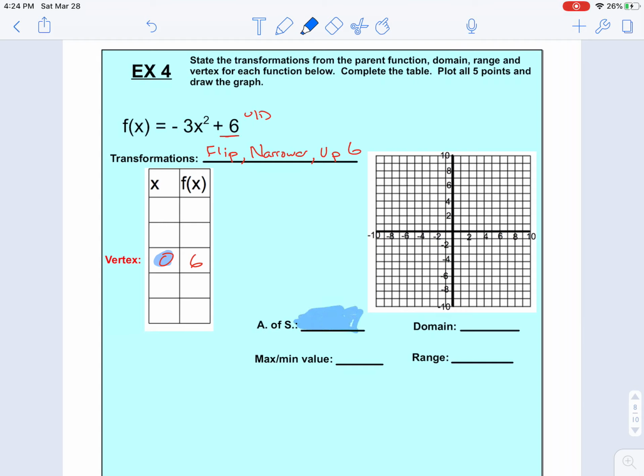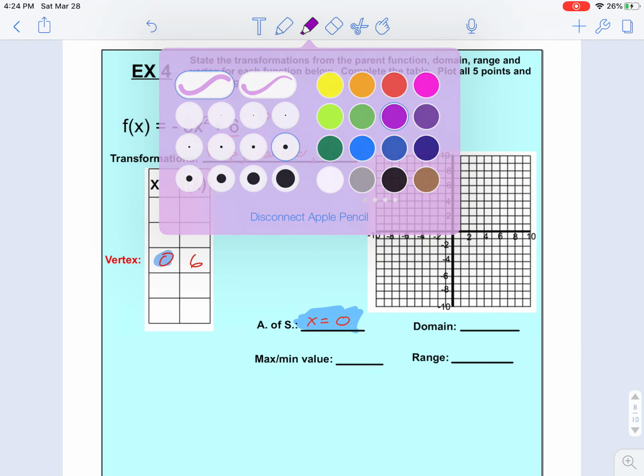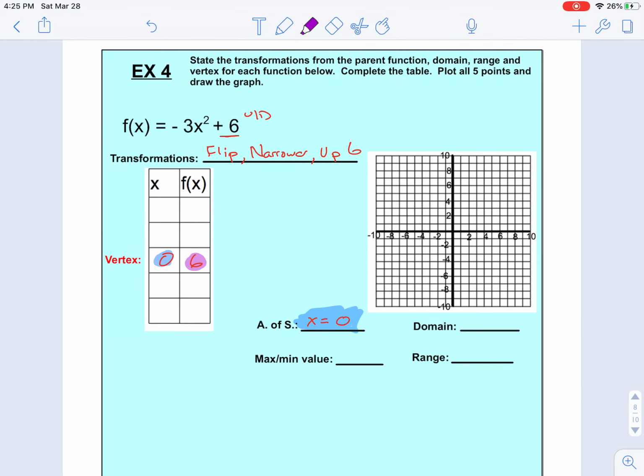All right, axis of symmetry, I already know it. Axis of symmetry is just my x-coordinate. We knew that, though. Remember when we used to find the axis of symmetry and then plug it in to find our vertex? So we know that if we have our vertex, the x equals 0 part is our axis of symmetry. We just did it the opposite way around before the last quiz. All right, and what else did we find on our last problem?